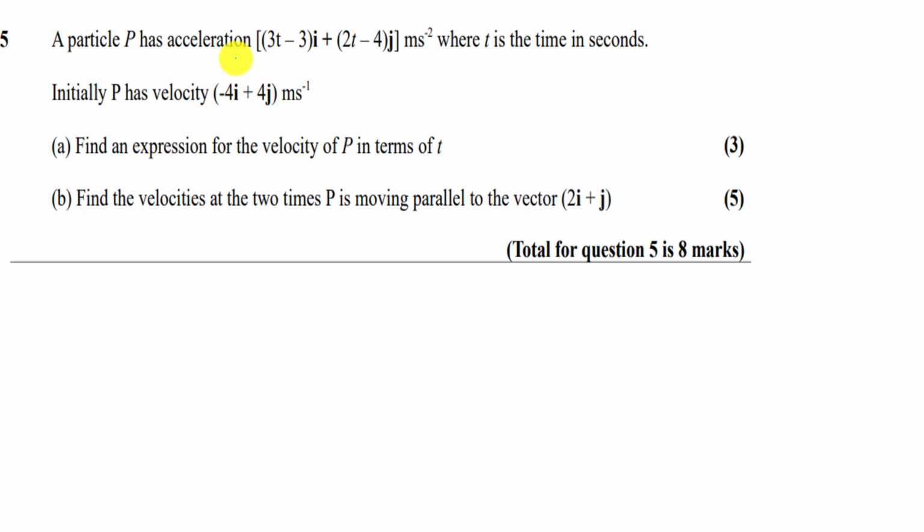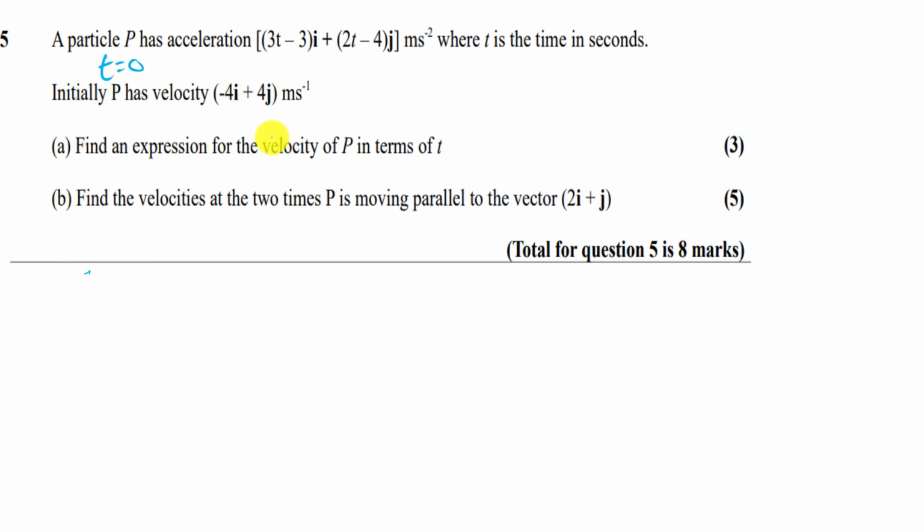So we've got acceleration 3t minus 3 i plus 2t minus 4. T is time in seconds. It has this initial velocity, so that's a big clue straight away. That means t equals 0 here.